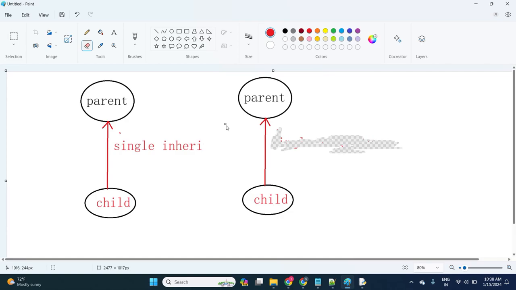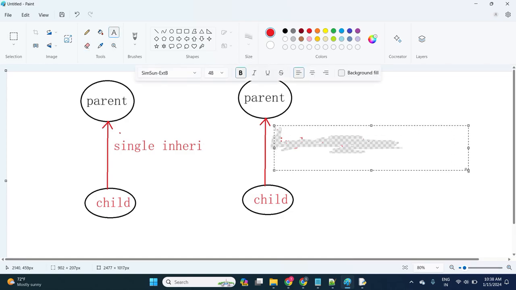Just observe carefully. This one is multi-level inheritance.